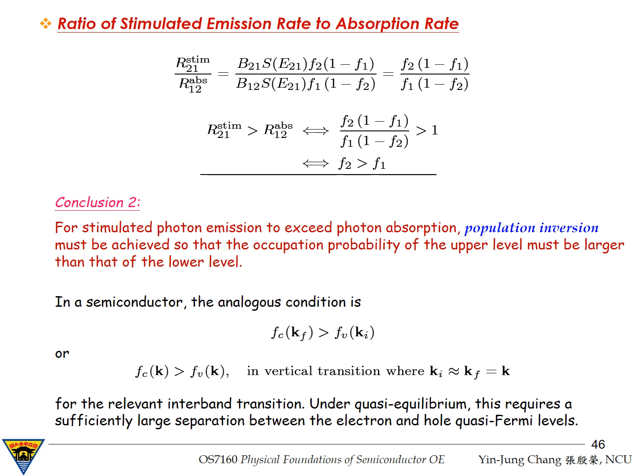Therefore, we typically require fc(k) must be larger than fv(k), meaning the occupation probabilities of states in the conduction band exceeds that in the valence band at the same k point in vertical transition. This is the origin of optical gain in semiconductors. As we will see later, under quasi-equilibrium, this requires the separation between the electron and hole quasi-Fermi levels to be larger than the energy band gap.